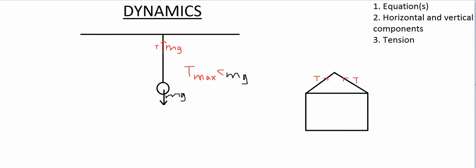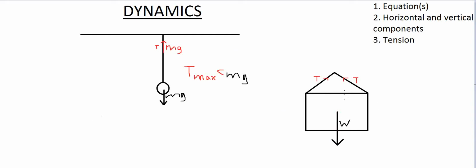This is a picture, and there's a weight acting downward. Here's the weight of the picture. The question asks you to express the weight in terms of the tension of the string.